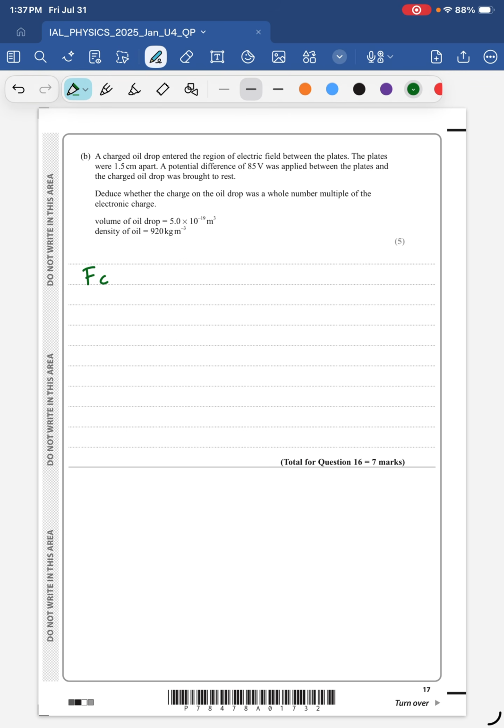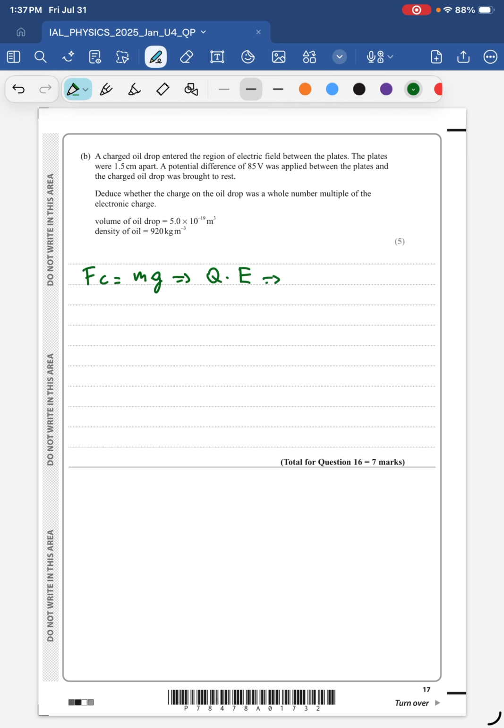So F Coulomb is going to be equal to m times g. What is the Coulomb force? So the force in general is Q times the electric field, right?